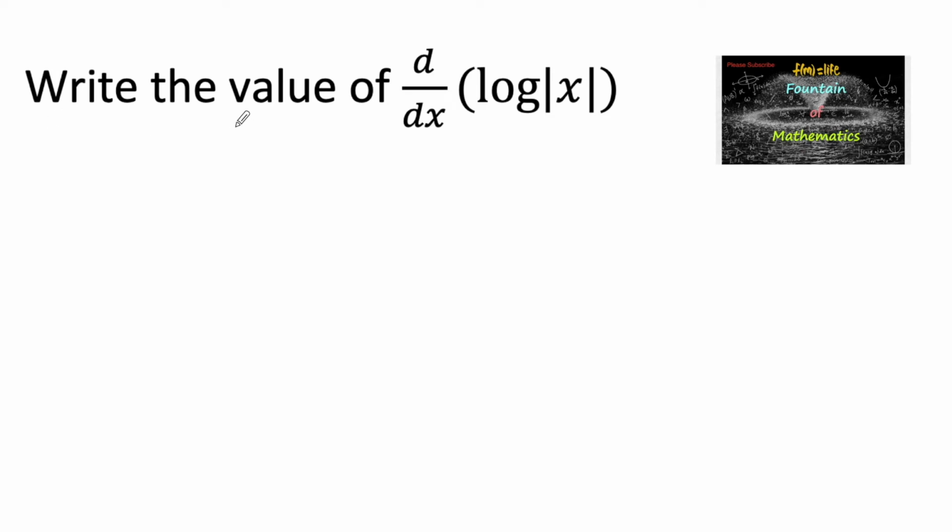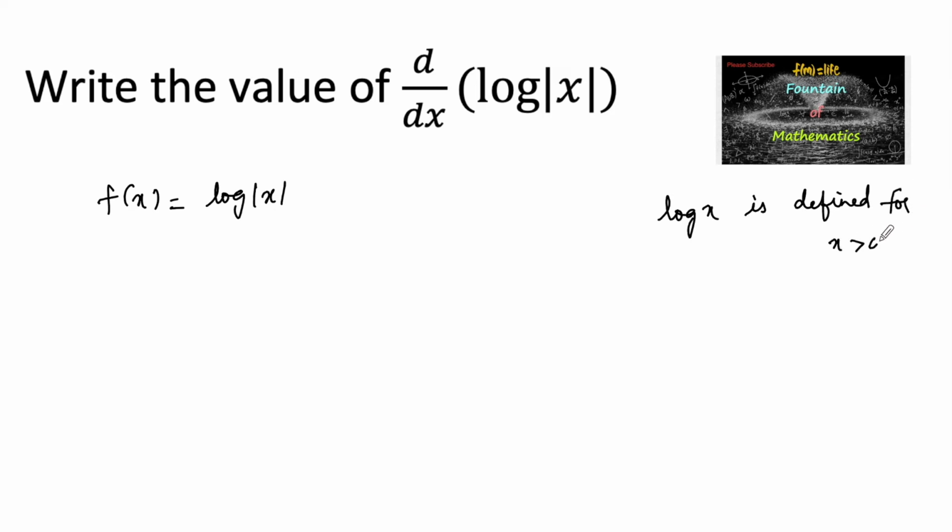Write the value of d by dx of log of mod x. So the given function f of x is equal to log of mod x, and we know that log x is defined for x is greater than 0.